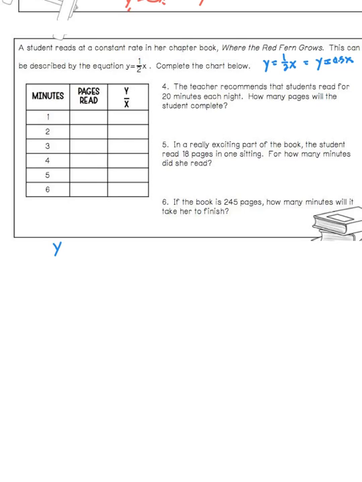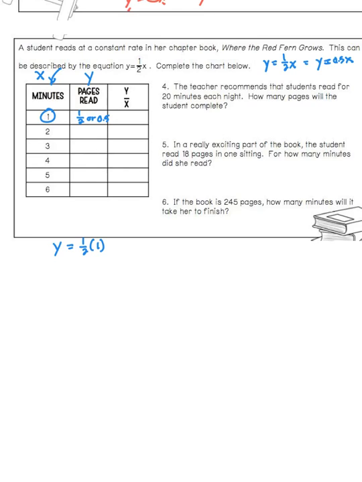I'm going to take my equation, y equals 1/2 x, and my first x value. Remember, the first column is my x, and the second column is my y. 1/2 times 1, and anything times 1 is going to give you back what you started with. So we would get back 1/2, or you could write it as 0.5.